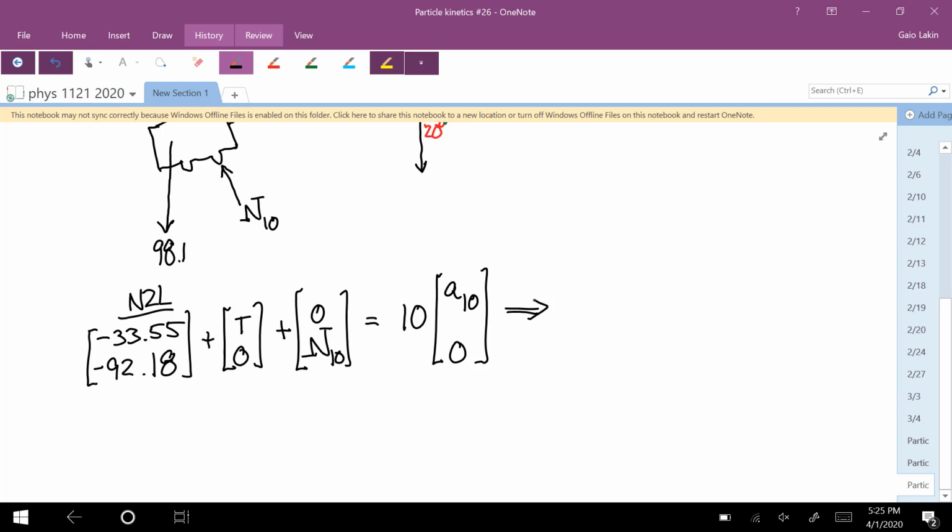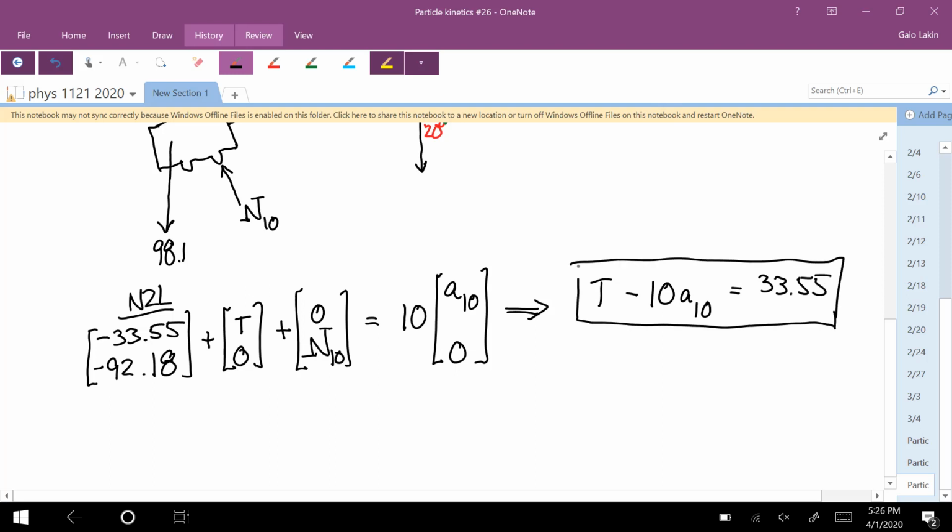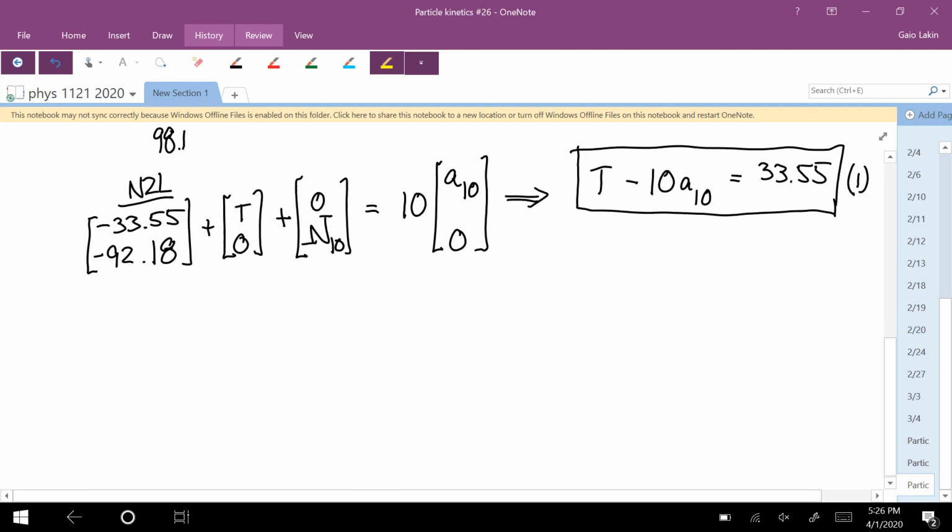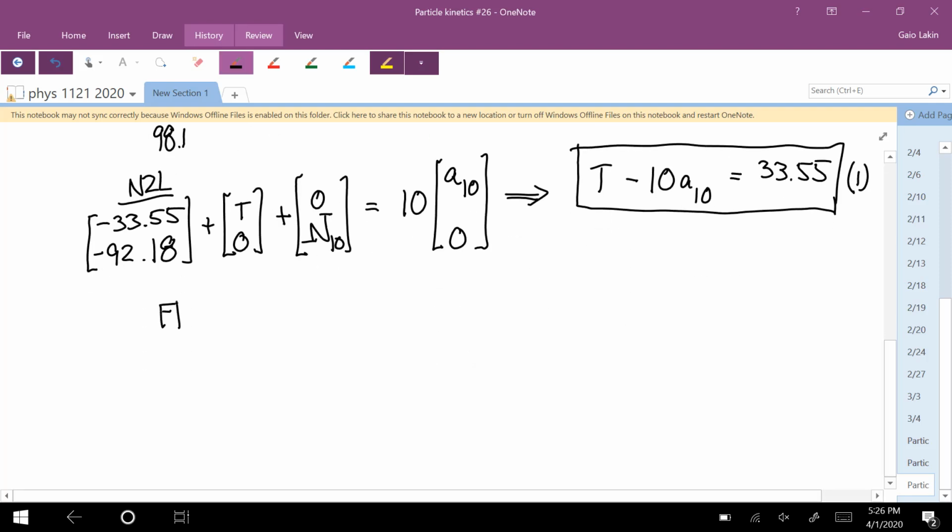So there's only one equation that's useful to us, and I'll rearrange it: T minus 33.55 equals 10 A10. We can't solve it because that's a single equation with two variables, but I'll call that equation 1. We'll put it aside and use it to solve a system of equations. And now we're going to draw a free body diagram of the second body, the 12-kilogram cart.